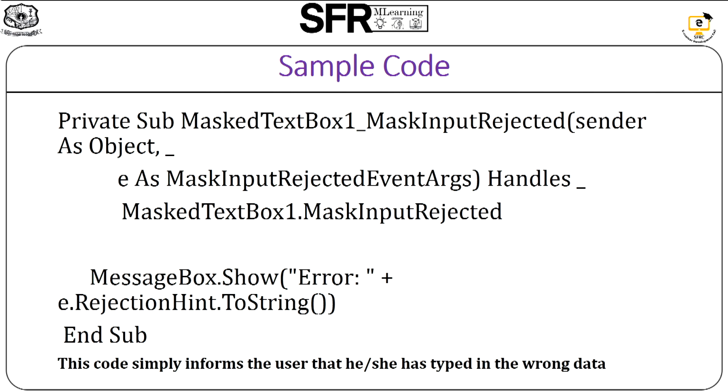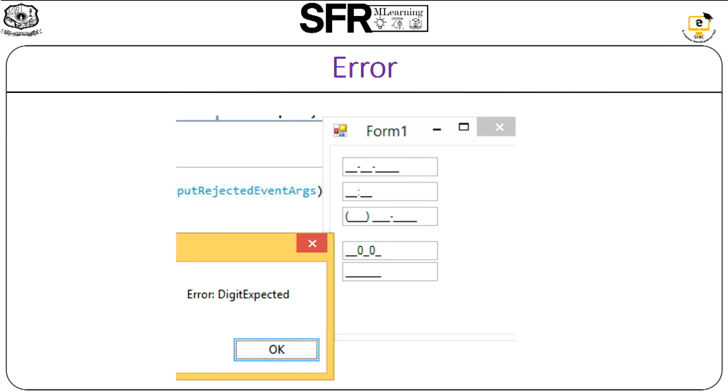So the input should match the mask of the masked text box control, then only we can use it. Otherwise the mask input rejected event will occur and our value will be rejected. Actually this is the error information for the code I have given. I have used 5 masked text boxes, but instead of letters I have used numbers, so an error occurs.